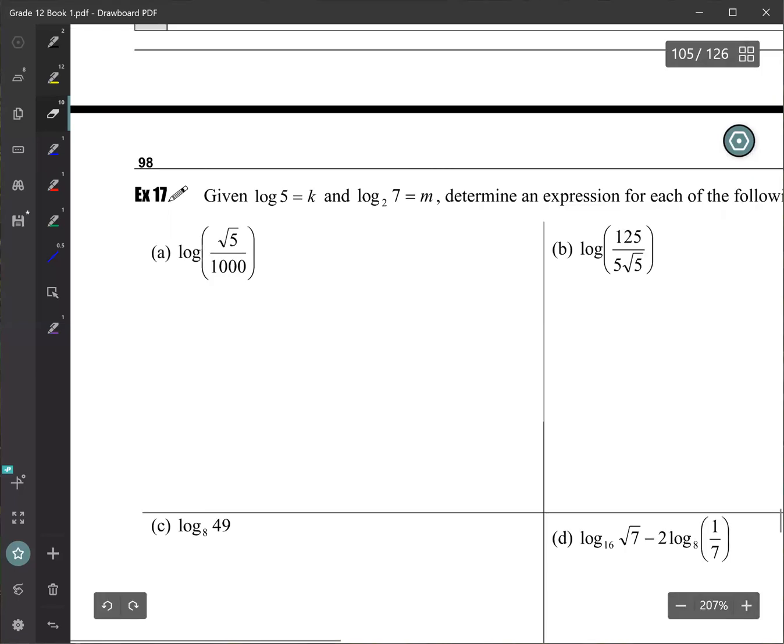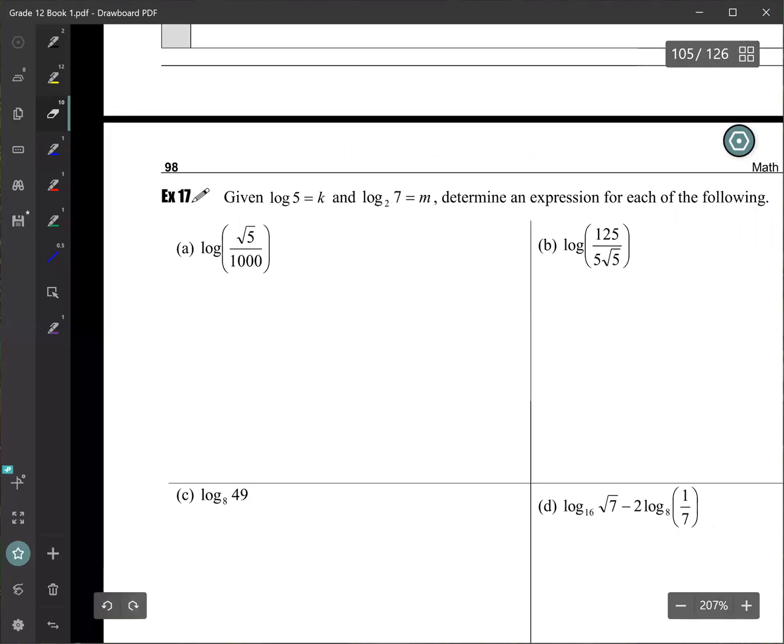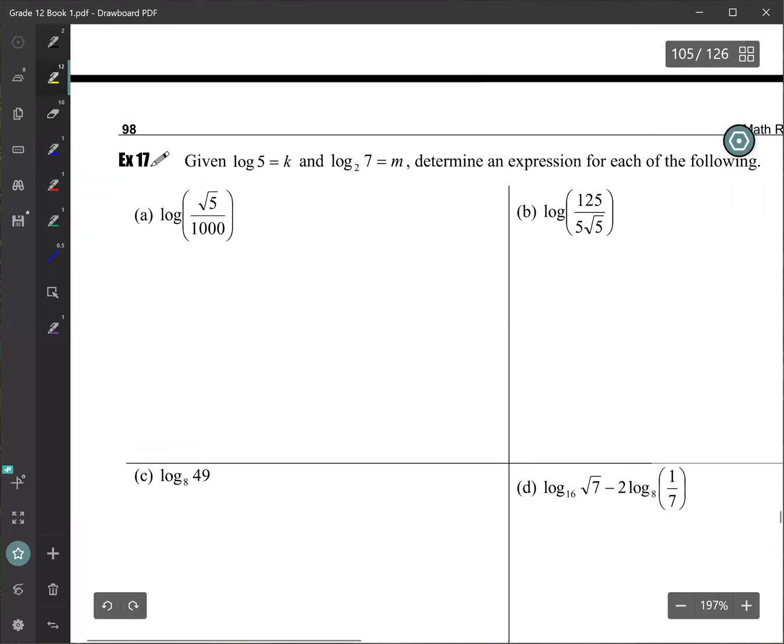So the question wants you to determine an expression, right? It's not finding a value, it's not evaluating. So at the end, your answer for these questions will have letters inside, not numbers, okay?